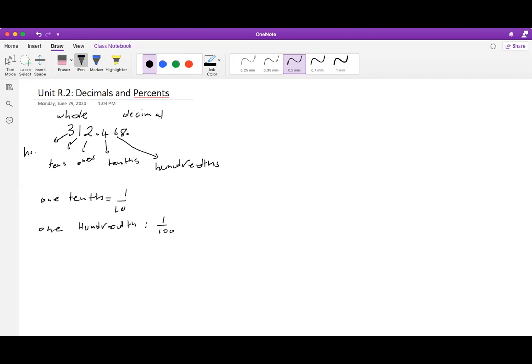And what do you think the next one is? So tenths, hundredths. If we have 1 out of 10, 1 out of 100, the next one would be 1 out of? 1 out of 1? No, it would be 1 out of 1,000.